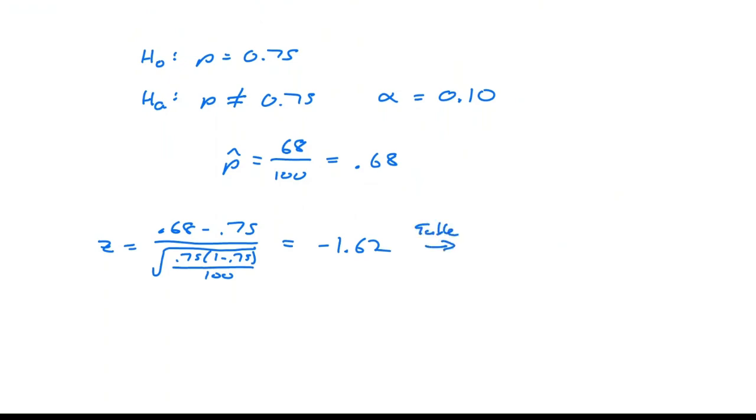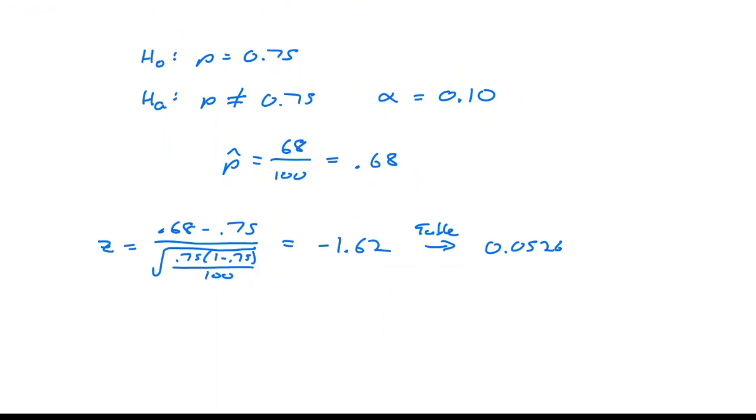From the table for z, we get a value of 0.0526, which is our p-value, right? Initially, but remember that needs to be multiplied by 2. So right now, it looks like, hey, we're less than alpha, we have evidence to reject the null.